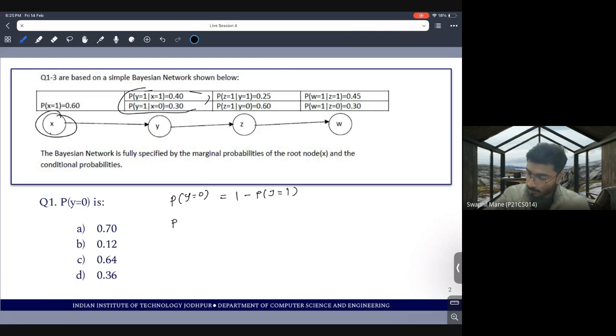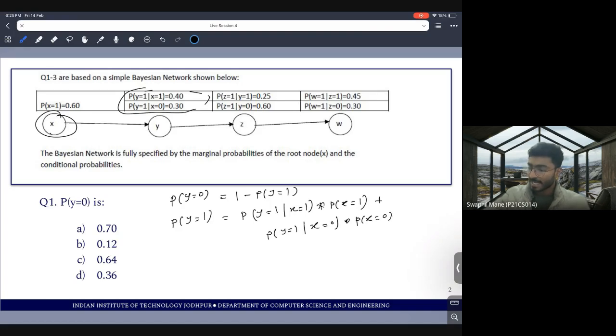How can we calculate that? You can see the probability of y is equal to 1 is equal to the probability of y is equal to 1 given that x is equal to 1 times the probability of x is equal to 1, plus the probability of y is equal to 1 given that x is equal to 0, times the probability of x is equal to 0.